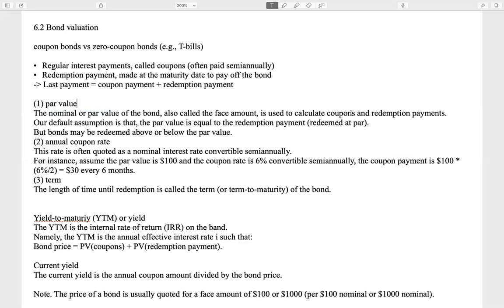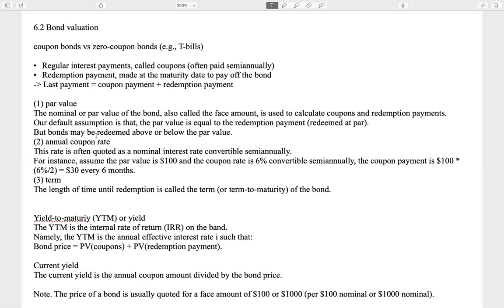So let's say par value is $100, then I know each year the coupon payment is $5. I get it from 100 times the coupon rate, 5%, okay, that's $5, right? If the par value is $1,000, then the coupon payment would be $50. So that's when you use them, okay?